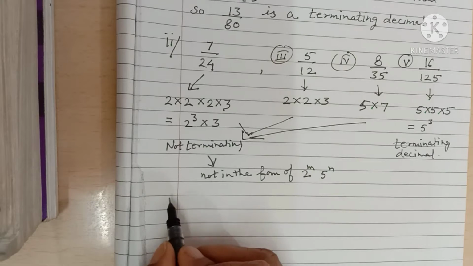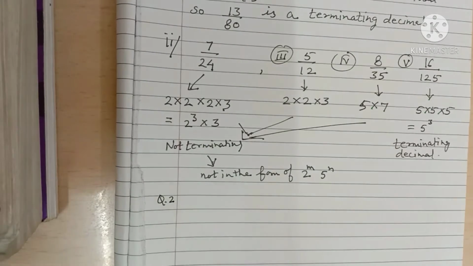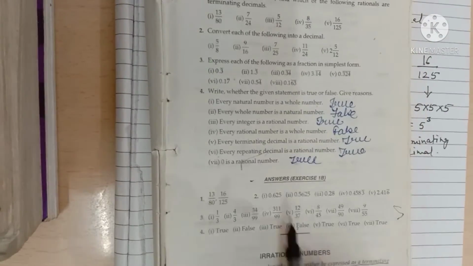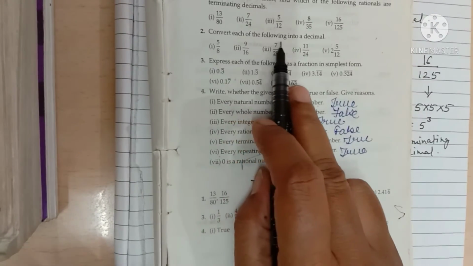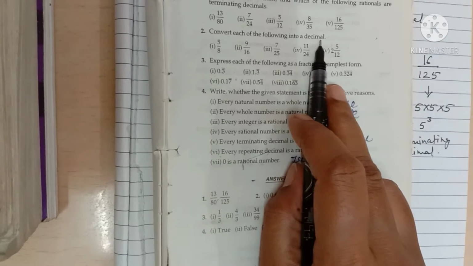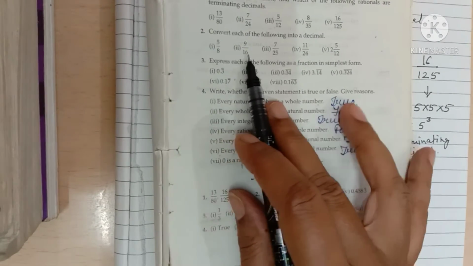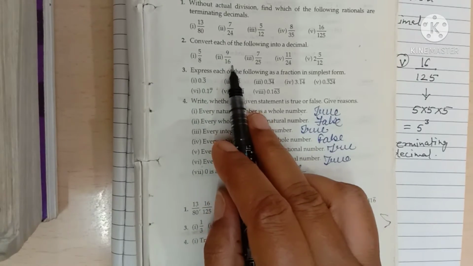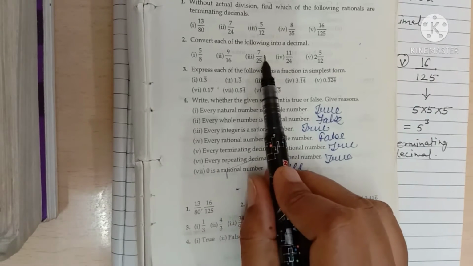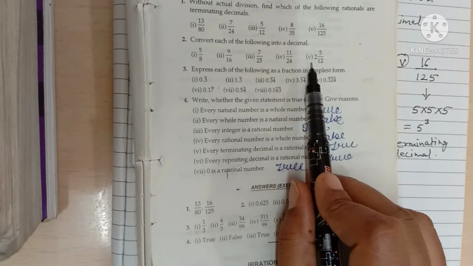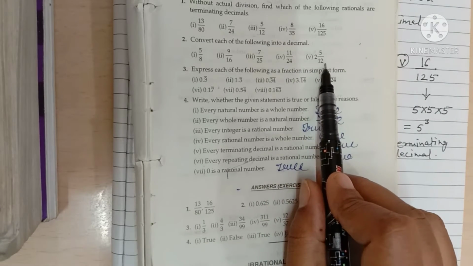Now question number 2. What is question number 2? Convert each of the following into a decimal. The first part is 5/8, second is 9/16, third part is 7/25, fourth 11/24, and fifth 2 whole 5/12.